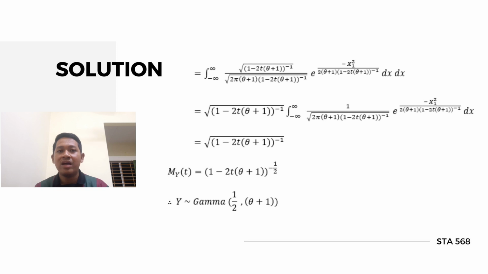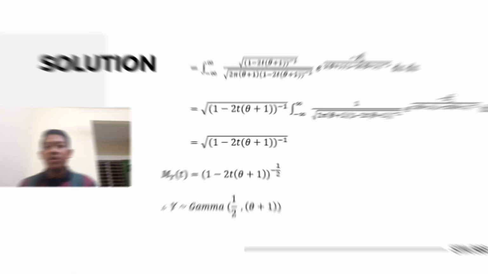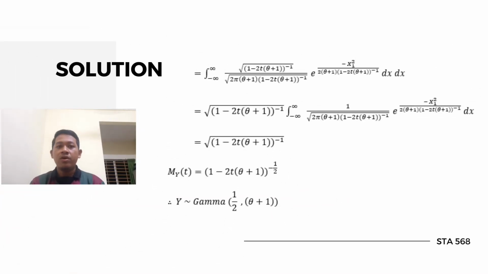Also, we must add to the upper part of the fraction the square root of our new variance, so that the upper and lower parts of the fraction are equal. The upper part of the fraction we take out, so that we can calculate the rest of the equation, where the integration of the e value is equal to 1. Finally, the answer for the moment generating function of y is the square root of 1 minus 2t times theta plus 1, to the power of negative 1.